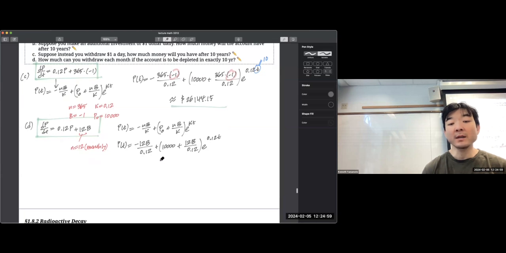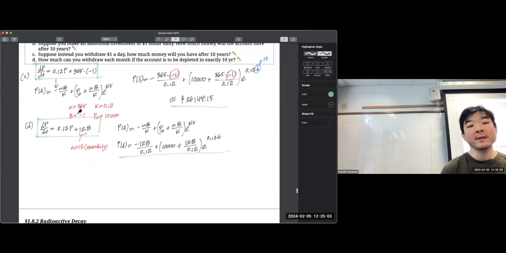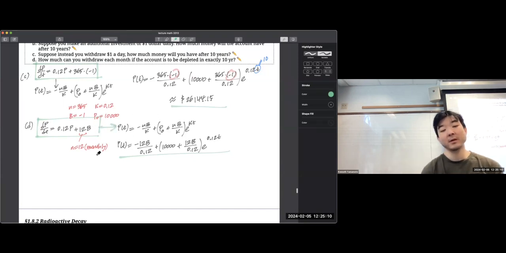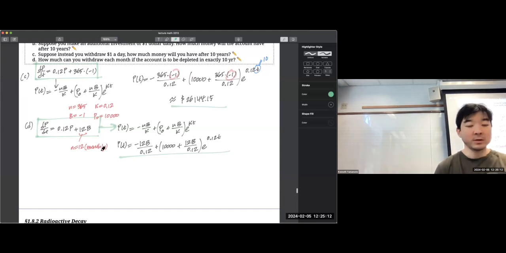But what do we want? I'm using the result we had earlier that the solution to this would be this form, which you would be able to get by using the method of undetermined coefficients. Now the question at hand says, how much can you withdraw? So you want to find B such that the account is depleted in exactly 10 years.